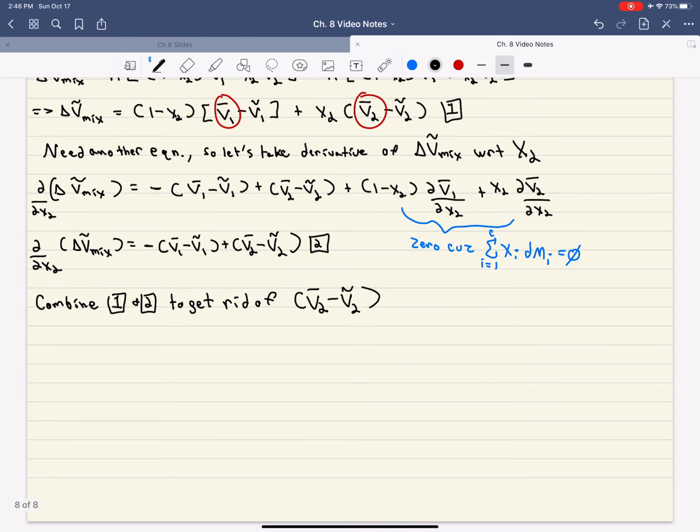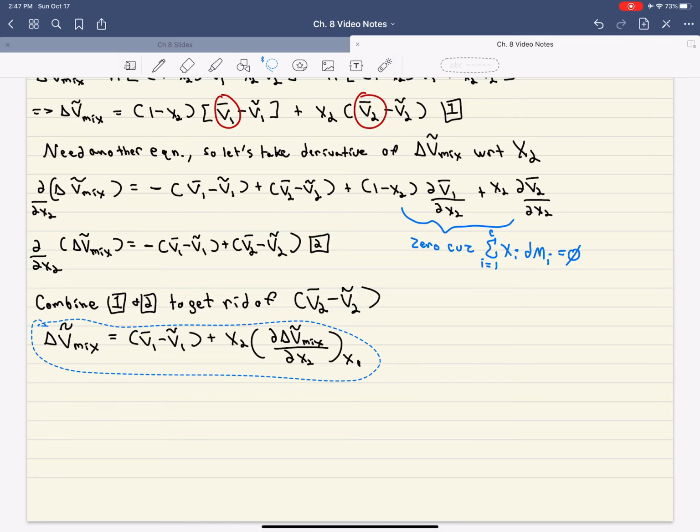And so by doing that, what we get is V mix squiggly is equal to V1 bar minus V1 squiggly plus x2 d delta V mix dx2 at constant x1. Okay. All right, and so we have this equation here.